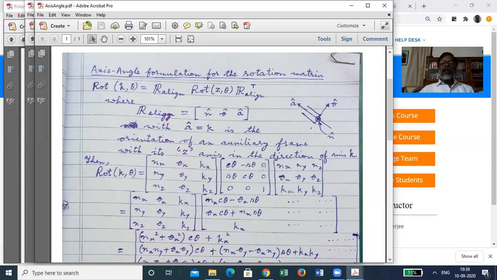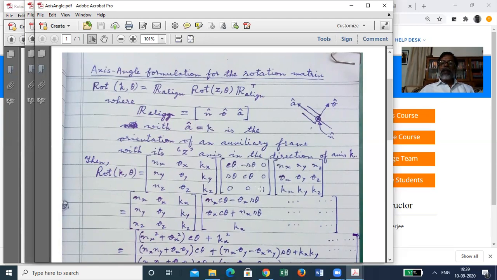So multiply this middle matrix and the right matrix first. And I am producing only the first column. Nx cos theta minus Ox sin theta, that is here. And the second entry will be Nx sin theta plus Ox cos theta, that is here.